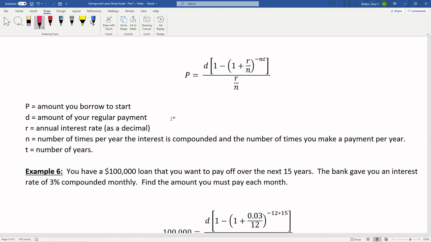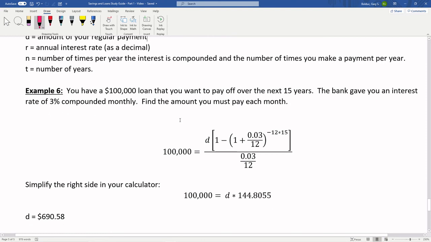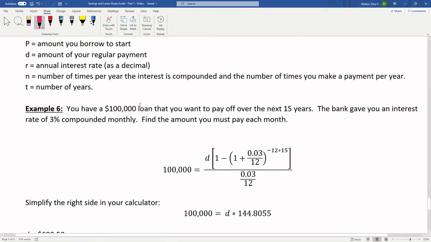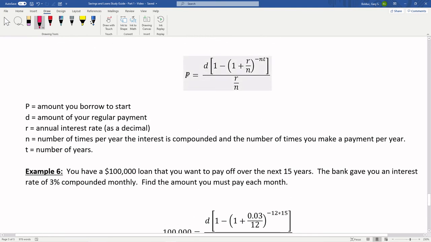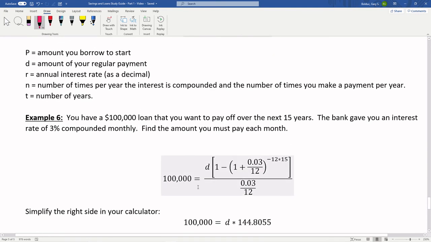Example 6 is one of these. You've got a $100,000 loan you want to pay off over the next 15 years. The bank says, okay, I'm going to give you an interest rate of 3%, compounded monthly. Find the amount you must pay each month. So, what do we got? $100,000 loan. That's P, the amount we start with, equals D, our regular payment.